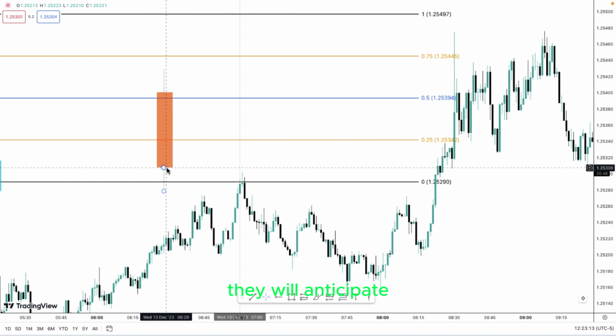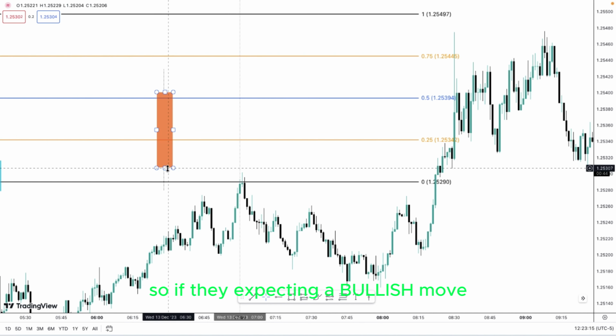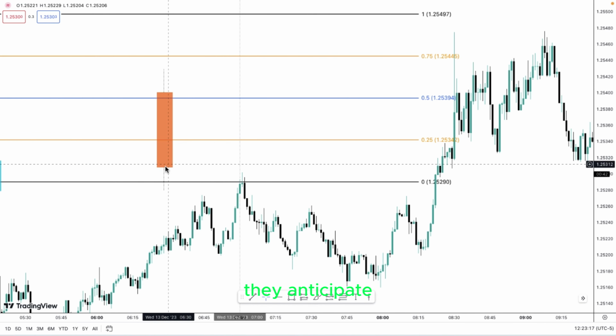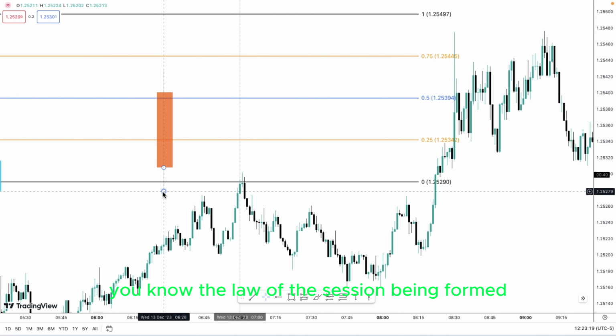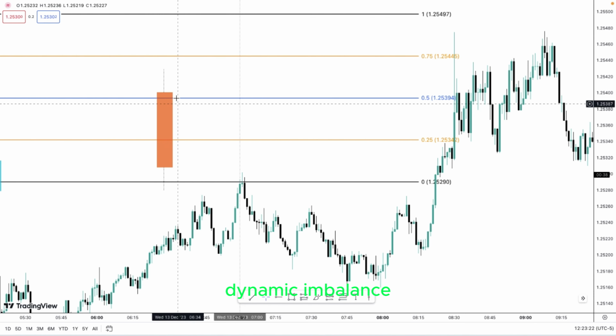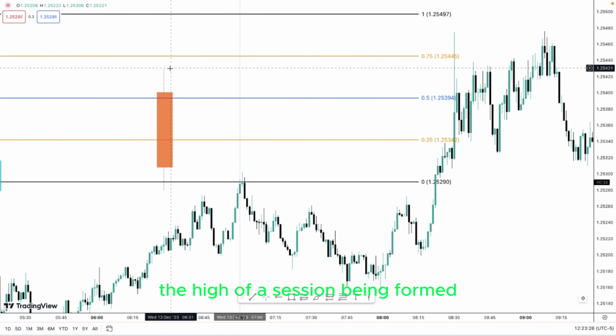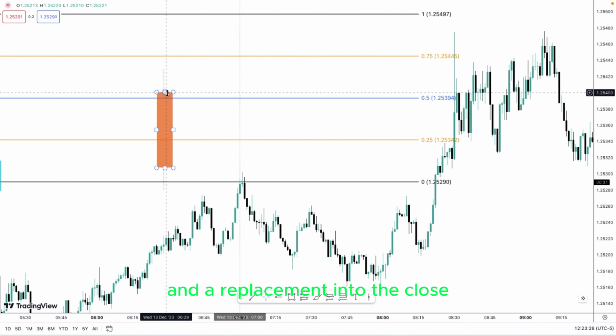If they're expecting a bullish move, they'll anticipate the low of the session being formed, dynamic imbalance, the high of the session being formed, and then a retracement into the close.